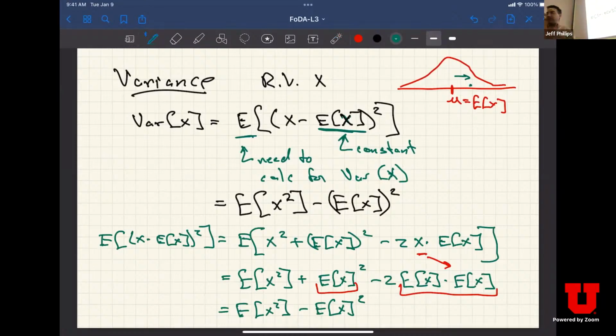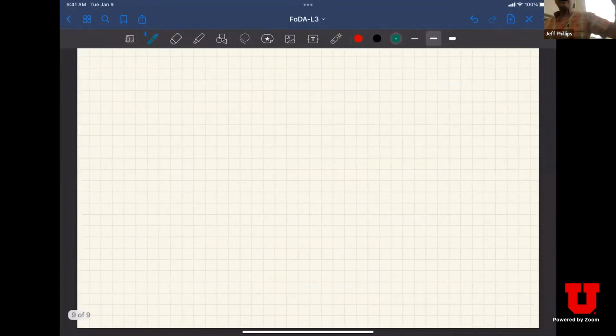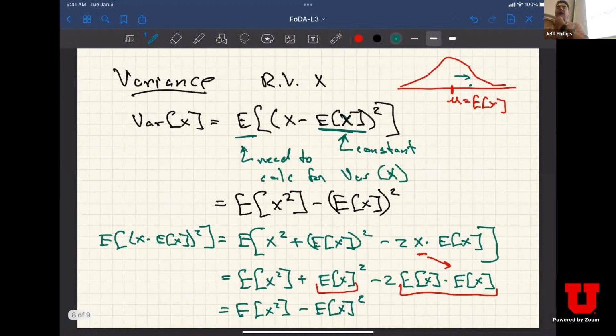So expected deviation from the mean, I can see this in a couple of ways here. The variance is kind of spread.